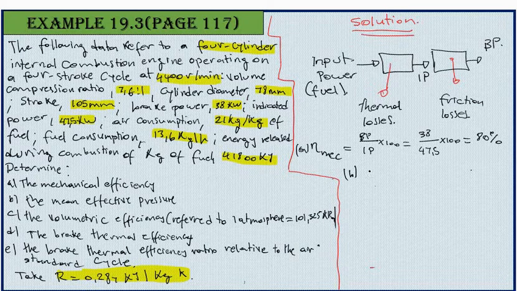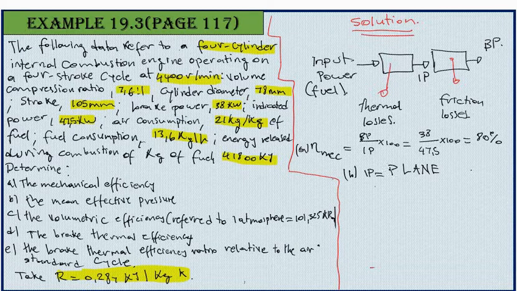So the only expression that has the mean effective pressure is the indicated power. We know that indicated power is given by PLANE. So you use the word plane so we can easily remember the formula.